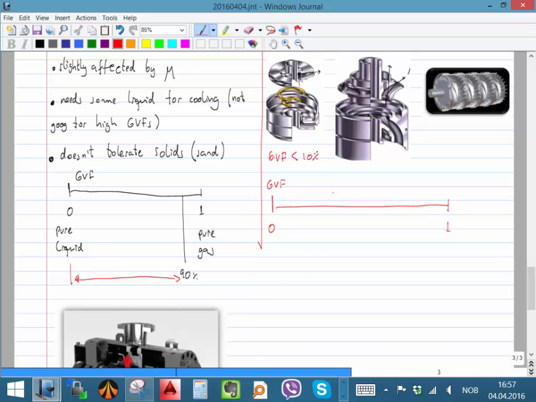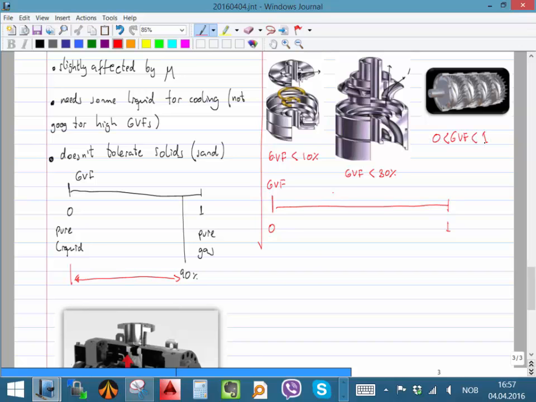Okay, not more than that. It's like the ESPs, they don't tolerate more than 10%. These kind of impellers are good for GBF less than 30%, and these are usually quite flexible. They can go all the range of GBF from purely liquid to purely gas. Okay, GBF between 0 and 1.